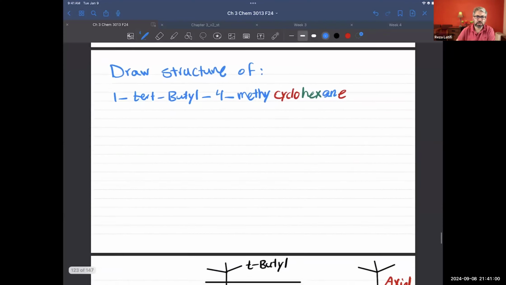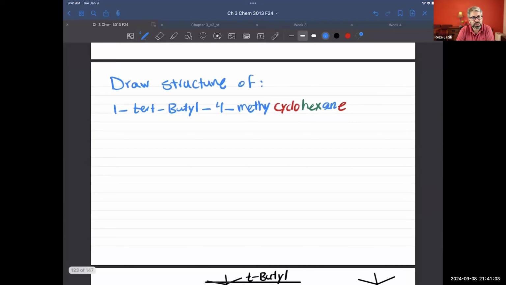Let's practice another example. Says we have 1-tert-butyl-4-methylcyclohexane. Let's draw the structure. We have cyclohexane. On the first carbon, we have the butyl group, so here we have the butyl group, and this is going to be 1, and then 2, 3.